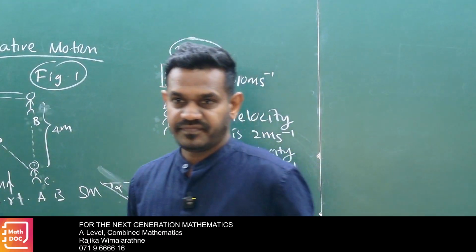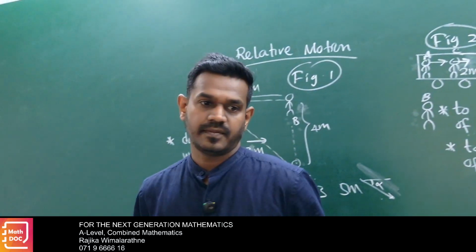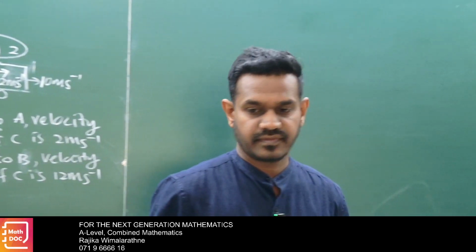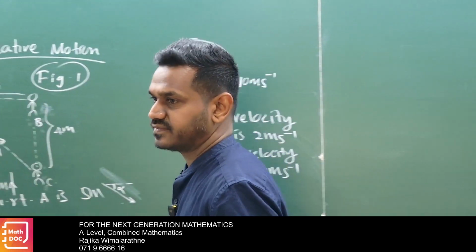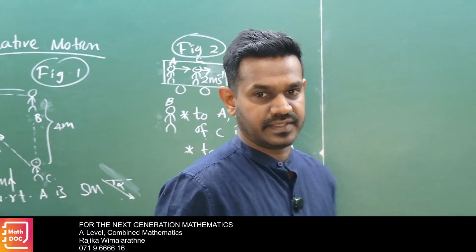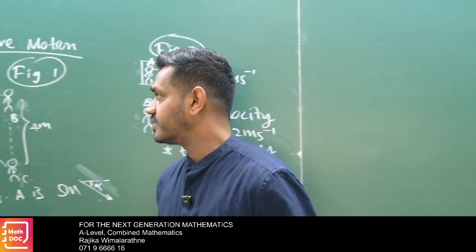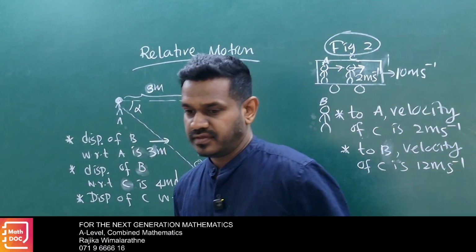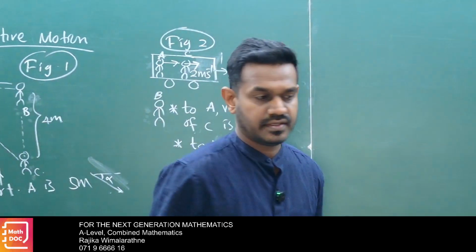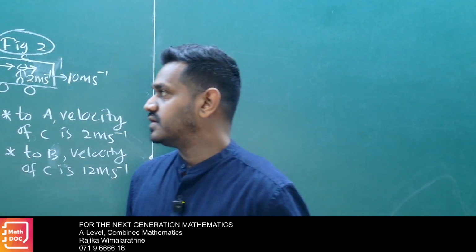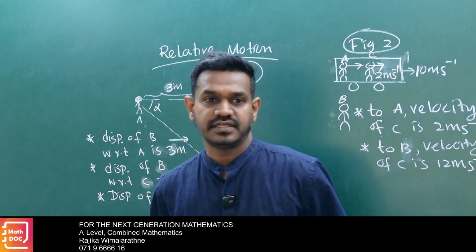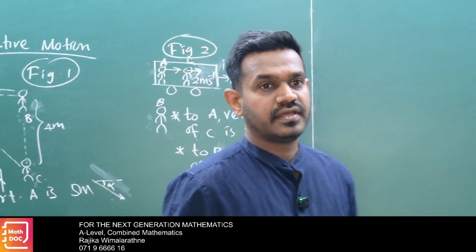Figure 1 represents the positions of stationary observers, capital A, B, C. A can observe the B is 3 meters due east.